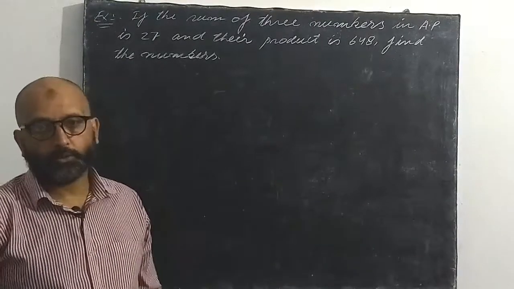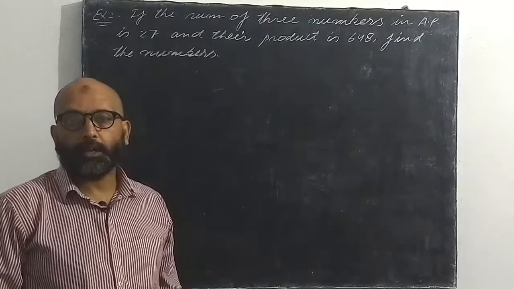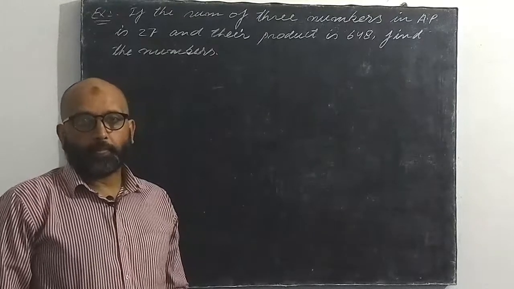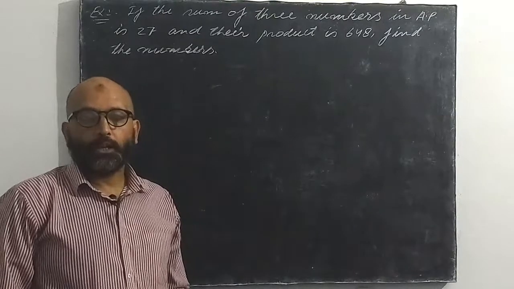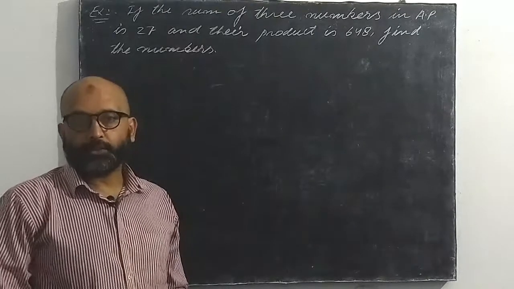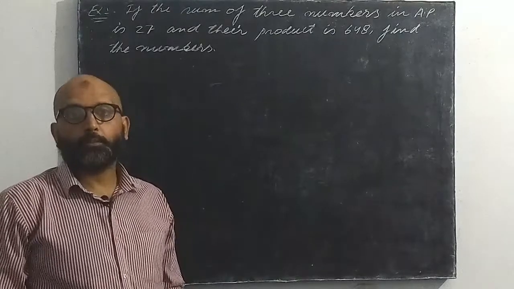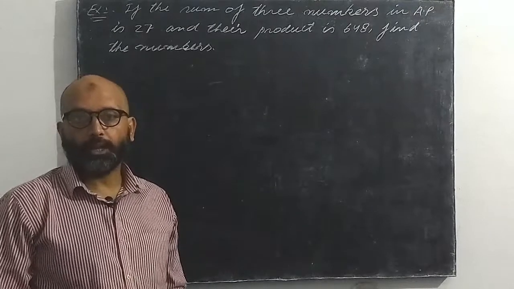In some of the language problems, only 3 numbers in AP are considered. So in that case, we always assume a specific set of numbers. Those numbers are called recommended assumptions. Recommended assumptions for 3 terms in AP.